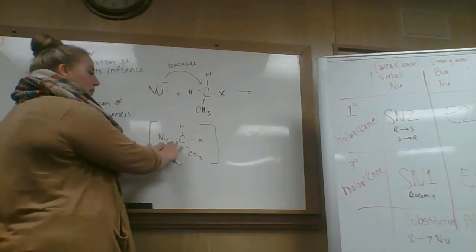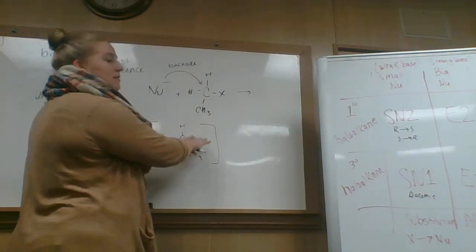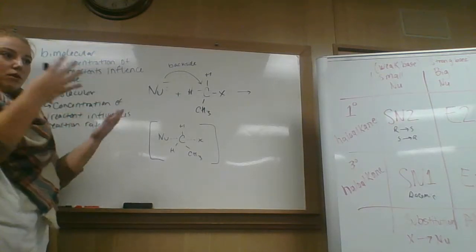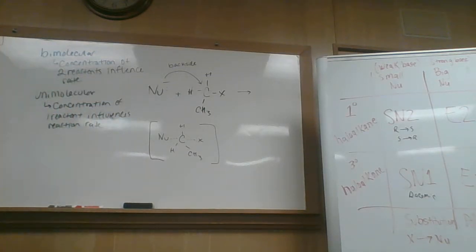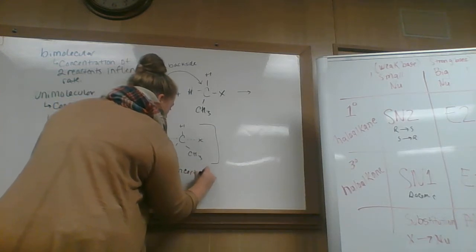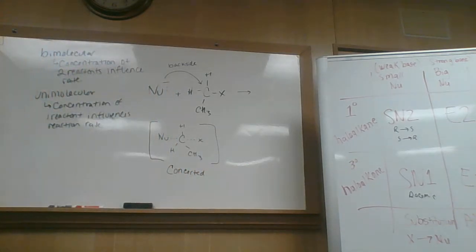So this bond is being formed. At the same time, this bond is being broken. There's a word that he uses that you need to know. What is it called when you have bonds being formed and broken at the same time? Concerted. Okay.